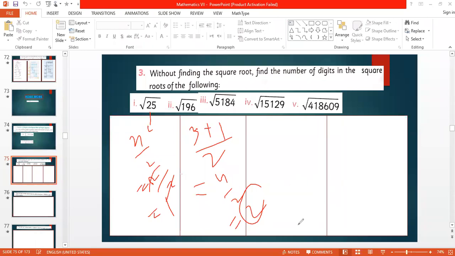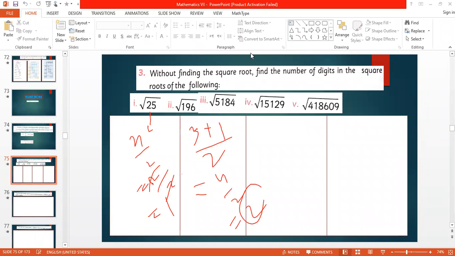Okay, so can you do this question, question number 3 that we have done? Sir, we will find the square root also.